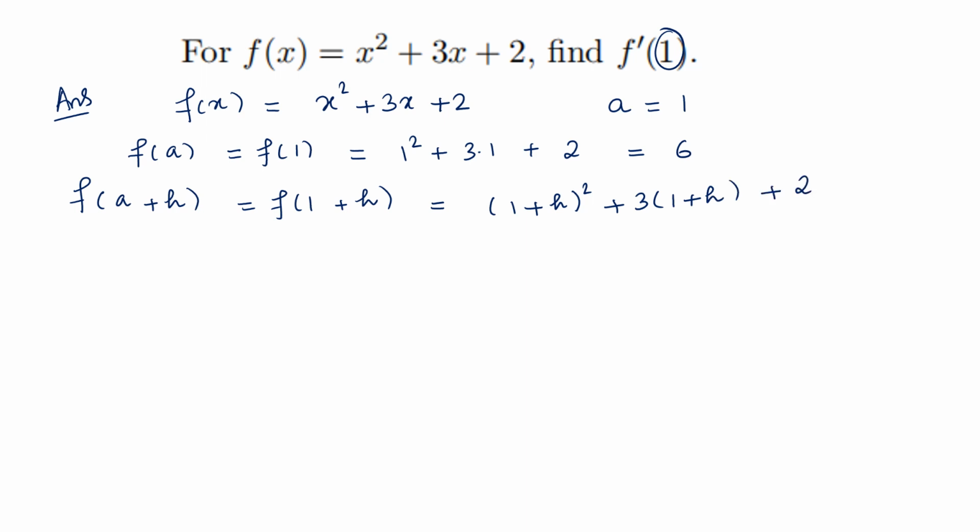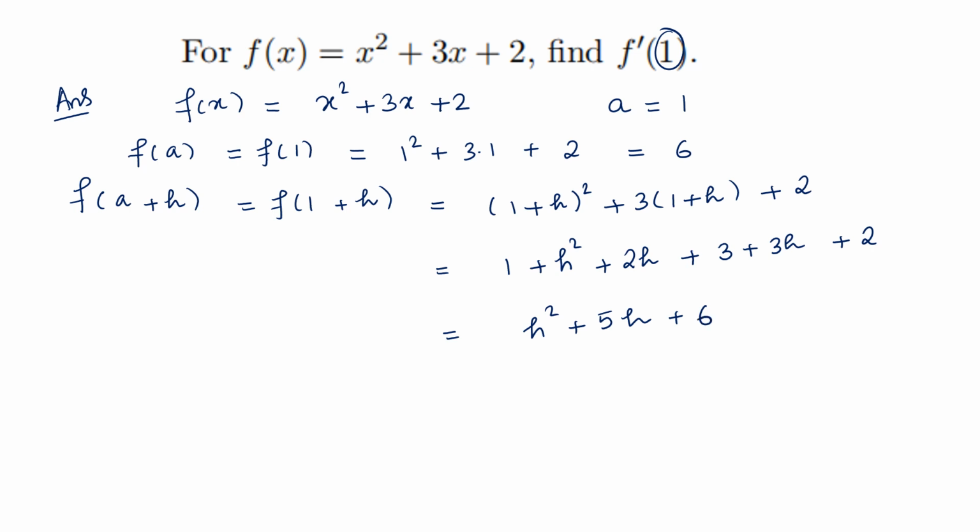We can simplify this. 1 square plus h square plus 2 times 1 times h, 2h, plus 3 times 1 plus 3 times h, plus 2, equal to h square, here 2h and 3h, so totally 5h, then 1 plus 3, 4 plus 2, it is 6.